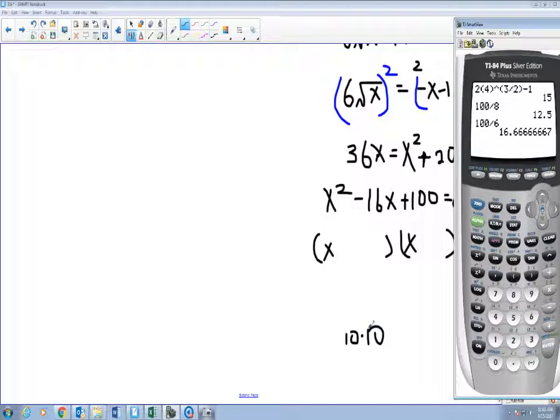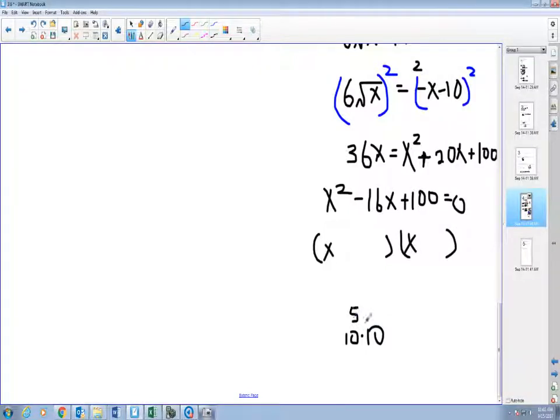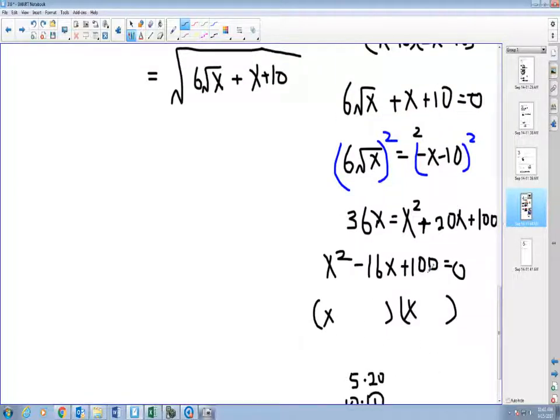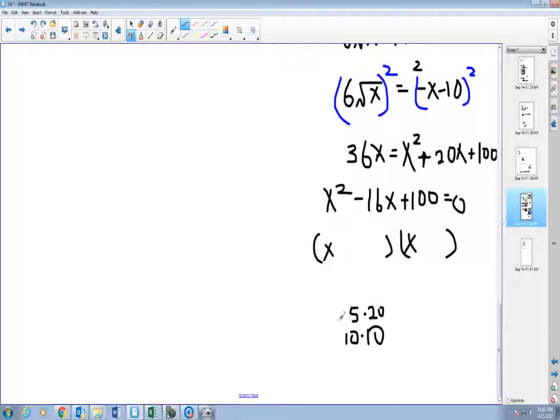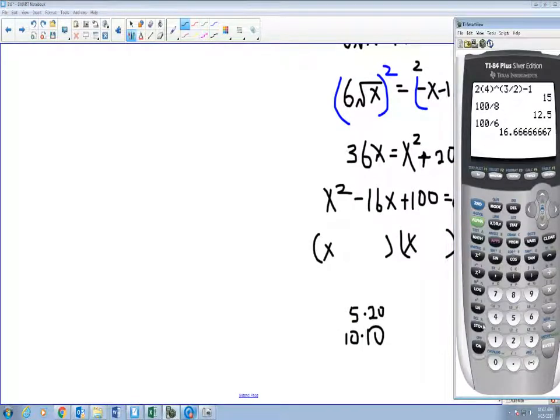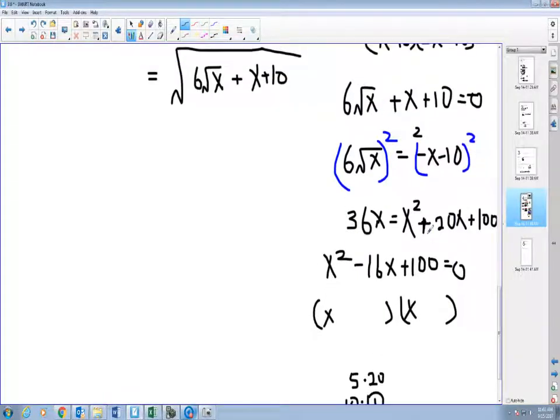Nope. Gotta be 5. 5 and 20? Nope, that ain't no 16. That's 15. So I don't even think this can be factored. Besides 5, I can use 4. Maybe 4 would be lucky. Nope, 4 and 25, too far away. This problem cannot be factored.